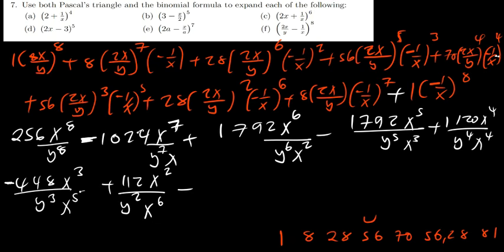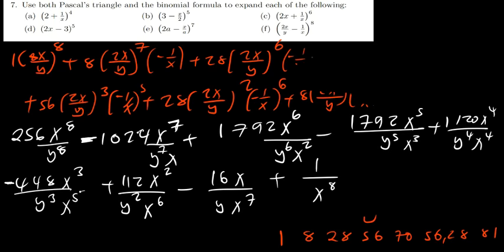Negative 16 x y, then x to the power 7. Okay, then again the last one is going to be plus, so we'll have 1 over x to the power 8, like that. Now I can get rid of this to see what will be my final answer.